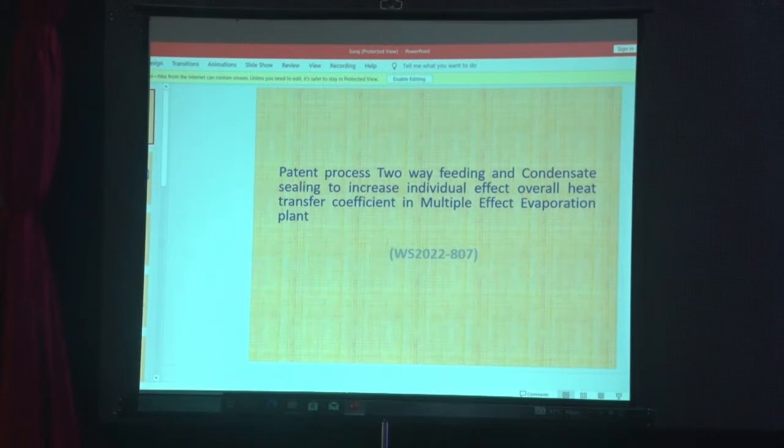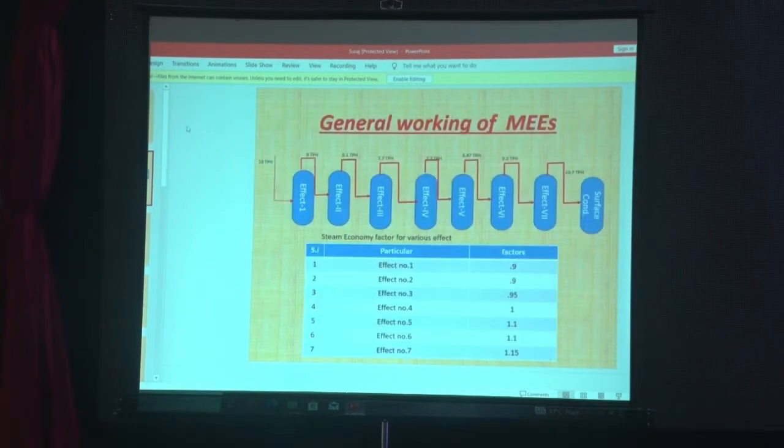Because I don't know how many people are from the recovery side, I want to explain this process in a very simple way. This is the general working of the MMEs. If you apply 10 ton of steam in the first effect, the vapor generation will be 9 ton, taking the steam economy as 0.9.